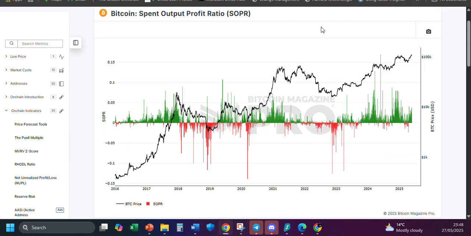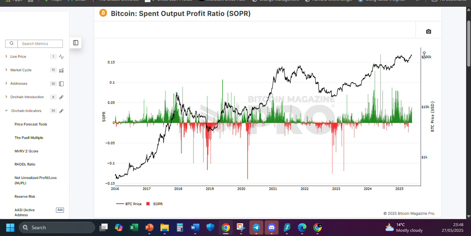Okay, the final chart we're going to discuss is the spent output profit ratio, or the SOPR. Spent output profit ratio tracks the profit level of all Bitcoins during any given period. It indicates whether sellers are in profit or loss.